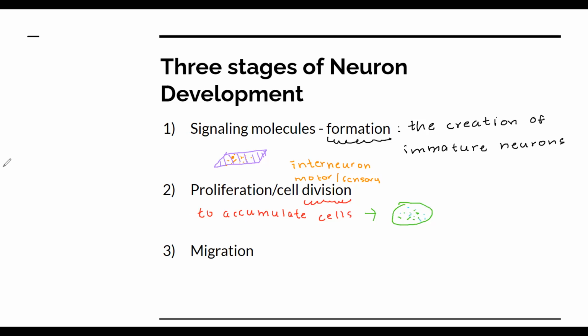Then the final stage is migration, which is through the use of something called glial cells.